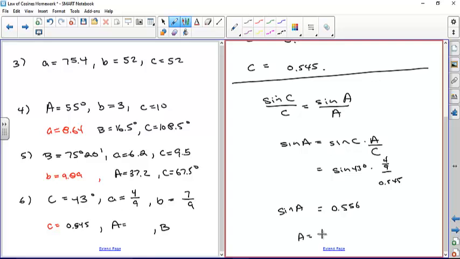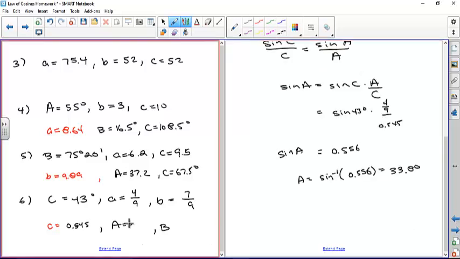So A is the inverse sine of 0.556. So we get 33.8 degrees. And 4/9 is 0.444. So this is the smallest angle, it should have the smallest length. This has the next smallest angle, that should have the next one.